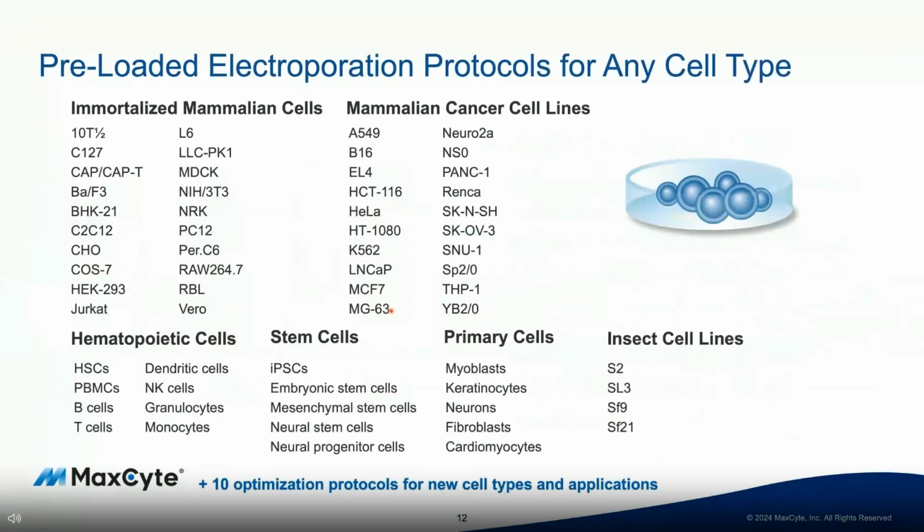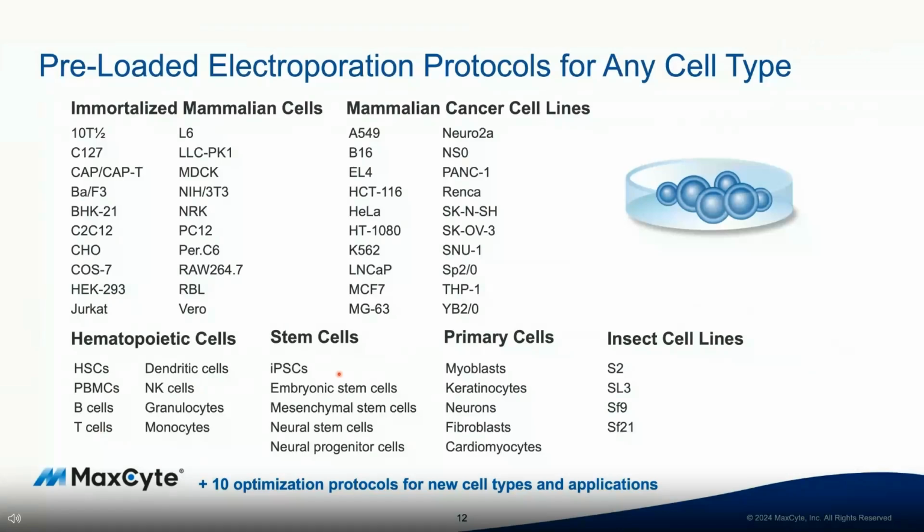So just going on to preloaded electroporation protocols on the MaxCyte instruments, as I mentioned in the last slide, we have pre-optimized protocols for immortalized mammalian cells, including common ones like CHO and HEK293, or cancer cell lines such as K562 and A549. We have a number of optimized protocols for hematopoietic cells, including HSCs, activated and resting T cells, and NK cells.